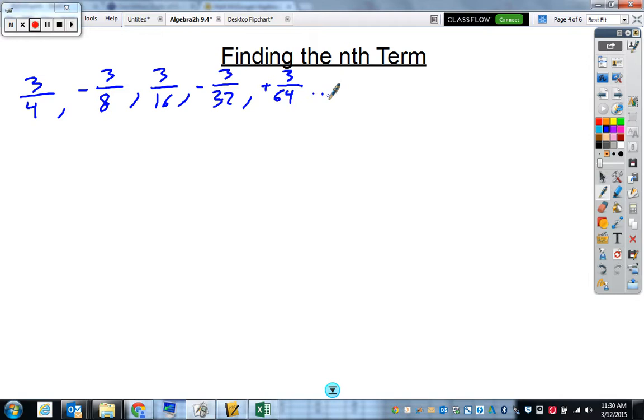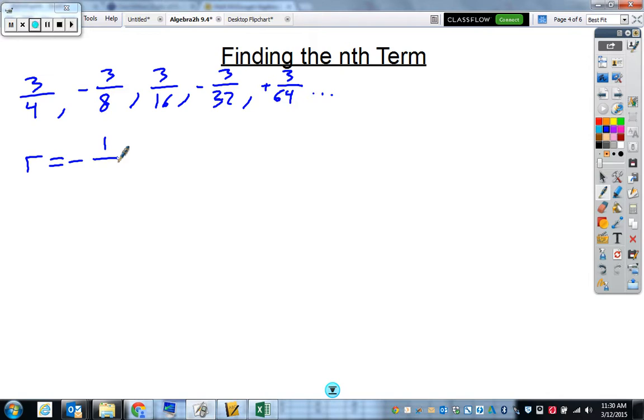I see that I am getting positive and negative alternating, so I know that my r is a negative number. I see the top of my fraction isn't changing, so I know the top is 3, because 3 multiplied by 1 each time is going to keep it 3.